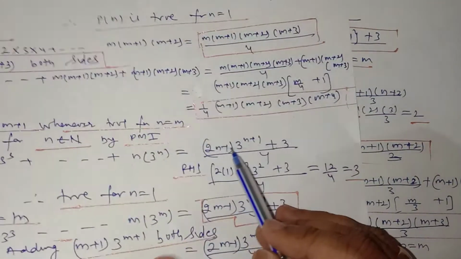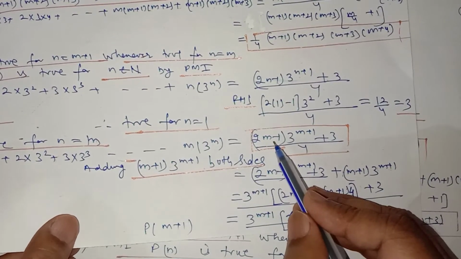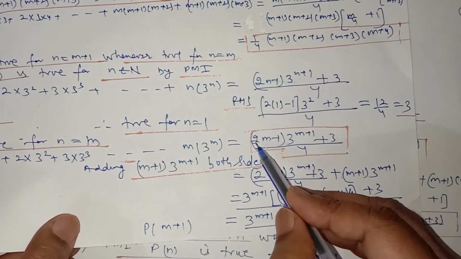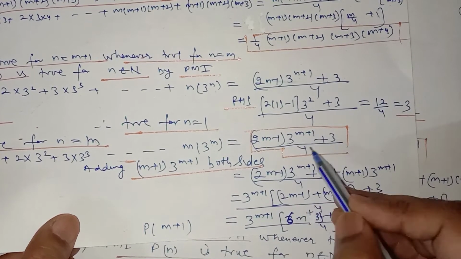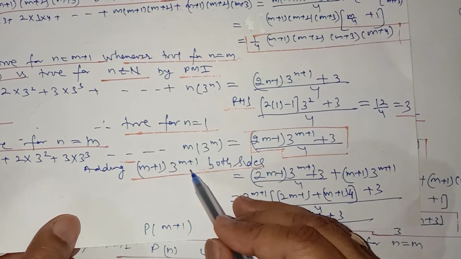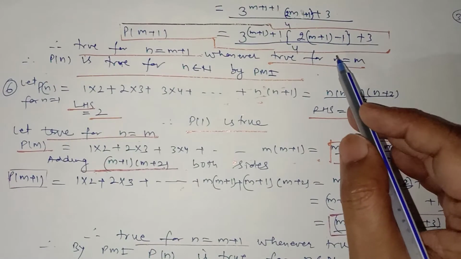Which is this. This is true for n is equal to m. So you should obtain 3 raised to power m plus 1 plus 1, 2m plus 1 minus 1 plus 3 upon 4, to be proved that it is true for n is equal to m plus 1. That is why I have arranged this.